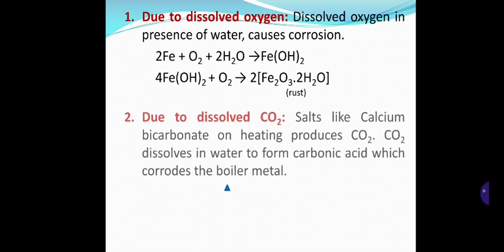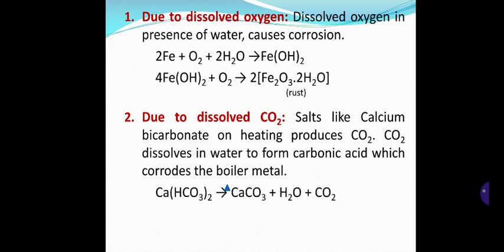The second one is due to dissolved carbon dioxide. Water here also contains variable amounts of dissolved carbon dioxide. Further, the decomposition of residual bicarbonates also contributes to an increase in the carbon dioxide level in boiler water. Dissolved carbon dioxide produces carbonic acid by the following reaction.